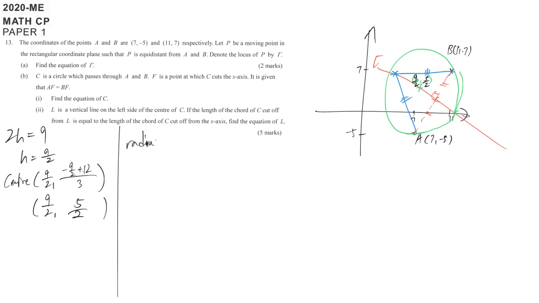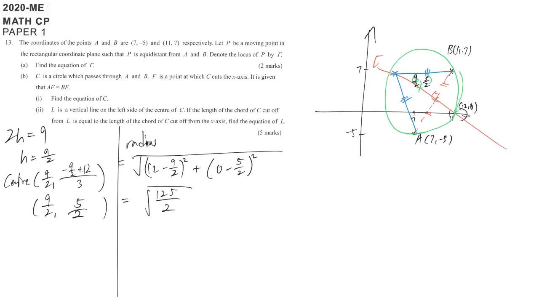Therefore, the radius is equal to the distance from the center to A or B or F. I will choose F because one of the coordinates of F is 0. So compare with (12, 0). We have the square root of (12 minus 9 over 2) squared plus (0 minus 5 over 2) squared. We get the square root of 125 over 2.